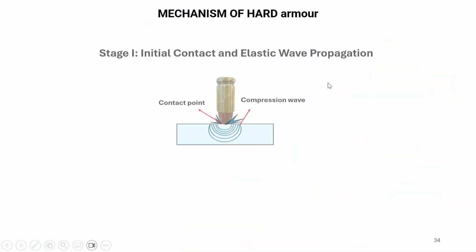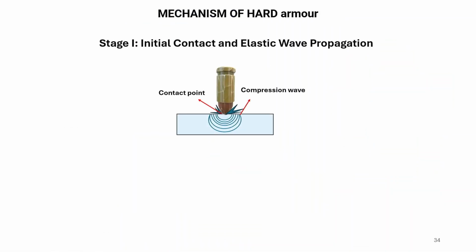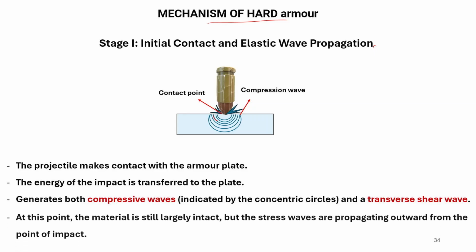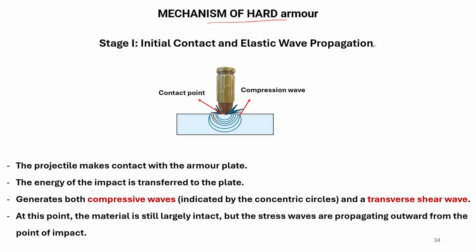We also discussed the mechanisms of that hard body armor, how the impact force is absorbed and what happens to the hard body armor: first, initial contact and elastic wave propagation. Here, compressive waves and transverse shear waves are propagated.